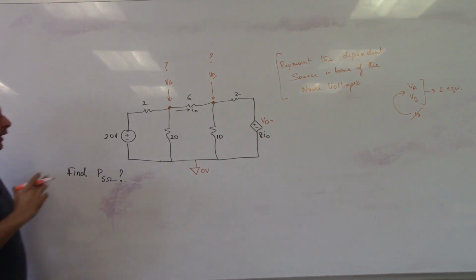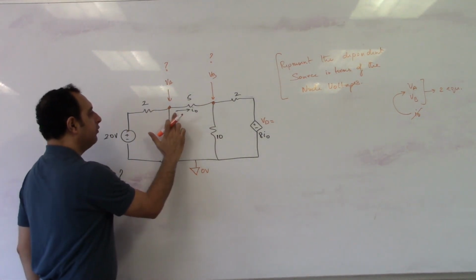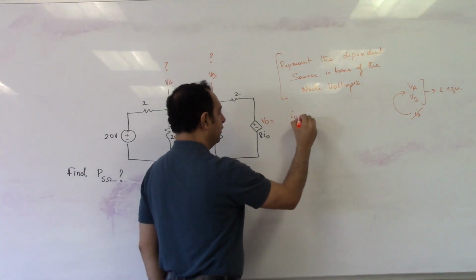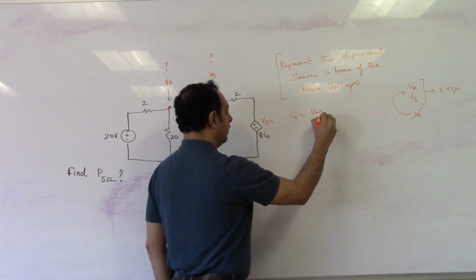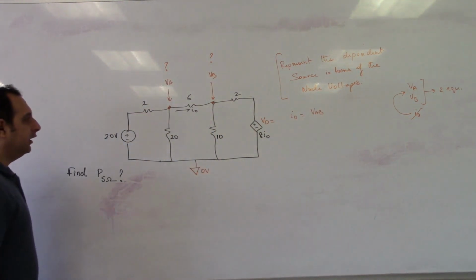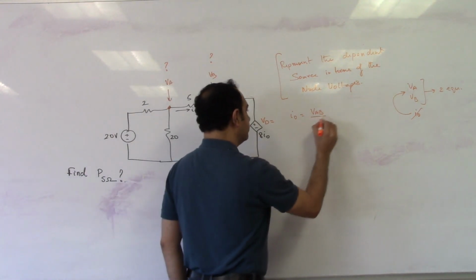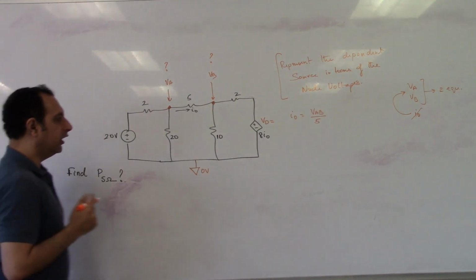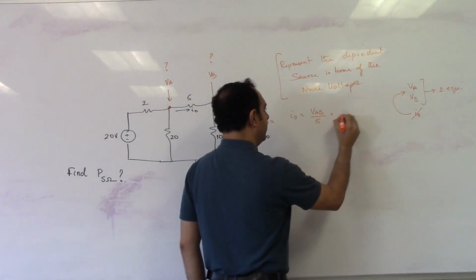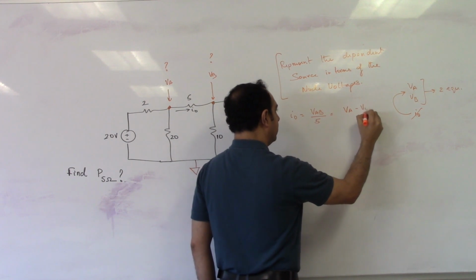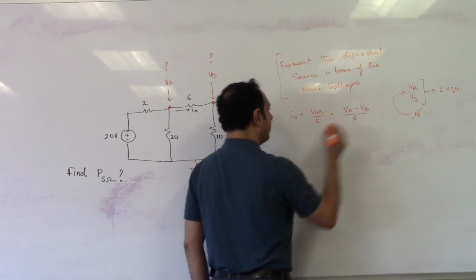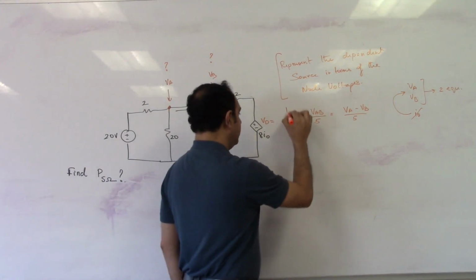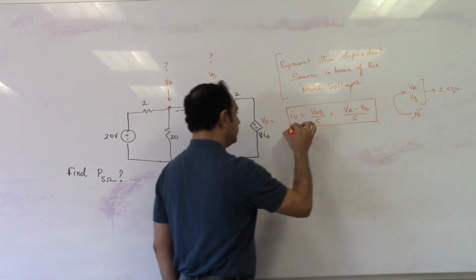Alright, so as you can see from here, I naught flows from VA to VB. So I naught will be equal to VAB, the voltage across A and B, divided by the resistance, which is nothing but 5 ohms. I can write VAB, as you know, as VA minus VB. So what we did is we represented the dependency in terms of the node voltages.